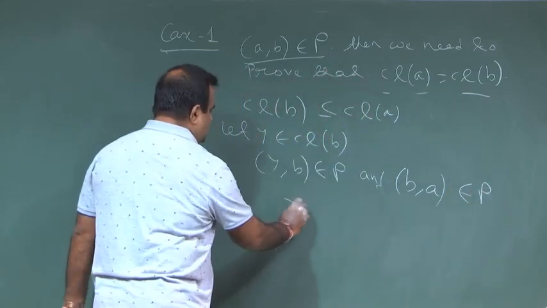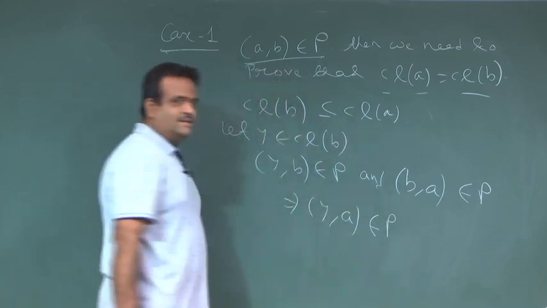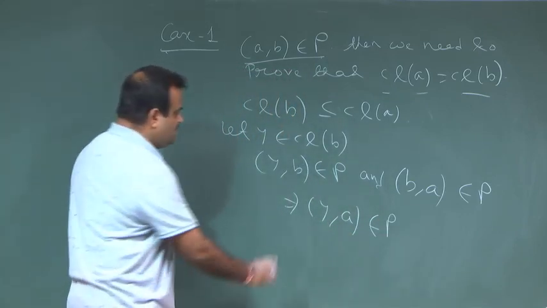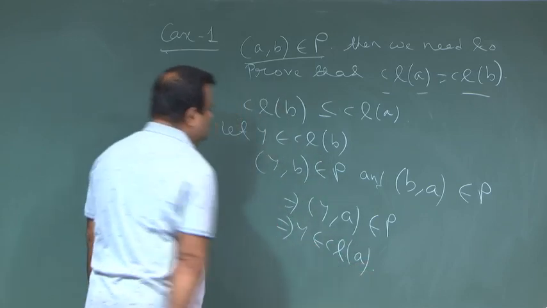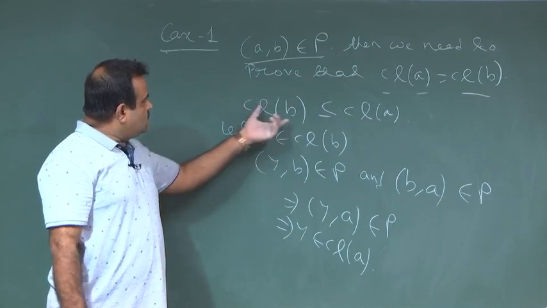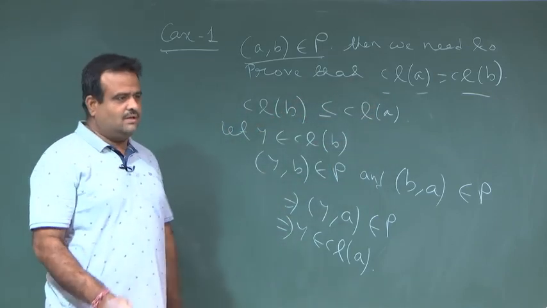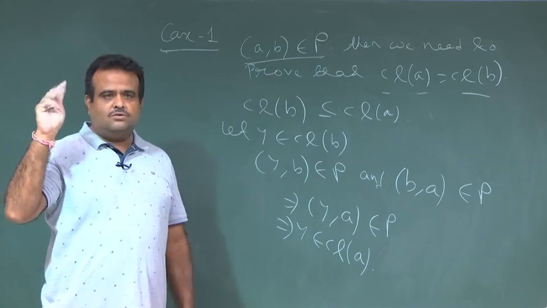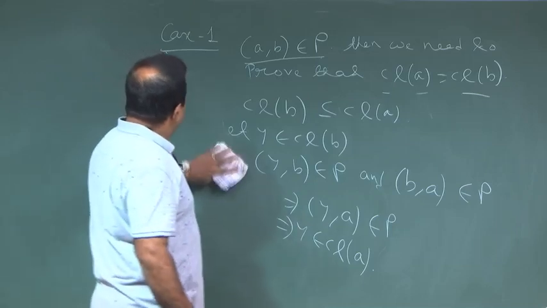Now, from these two we can say (y, A) is related because of the transitivity property. If y is related to A, it means y belongs to class of A. So, that means these two are same. So, class of A and class of B are same basically, if we take two elements which are related. So, this is one observation.